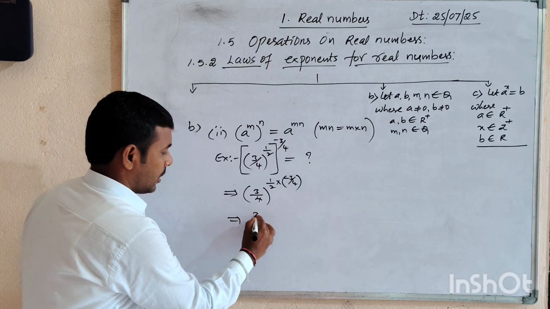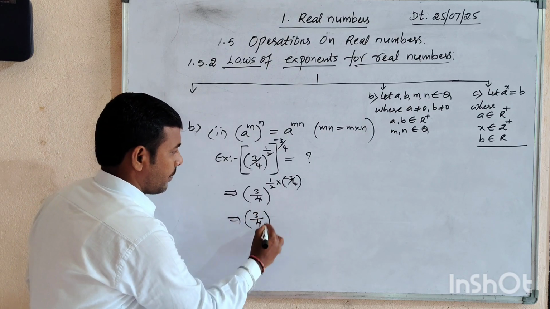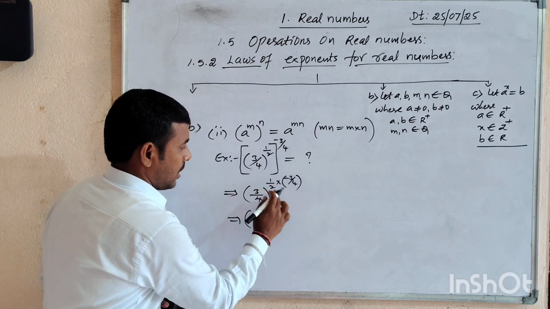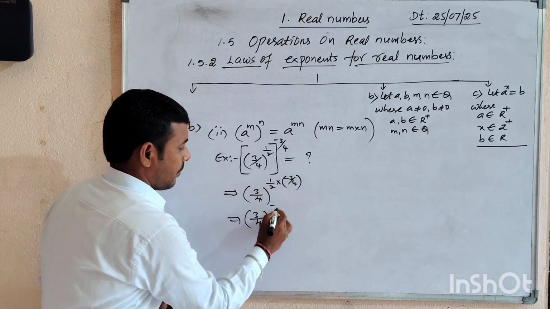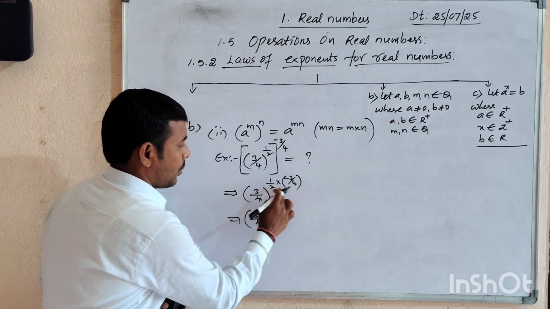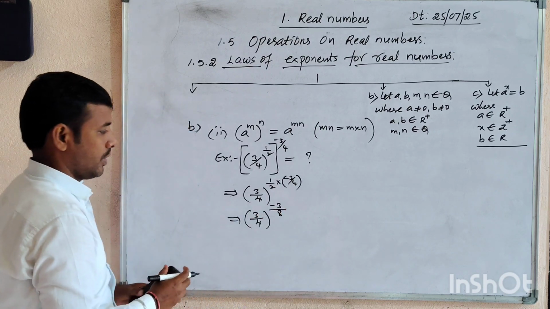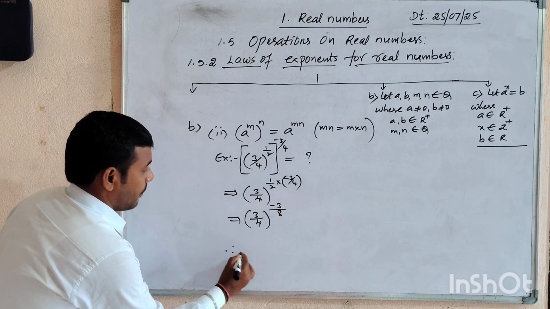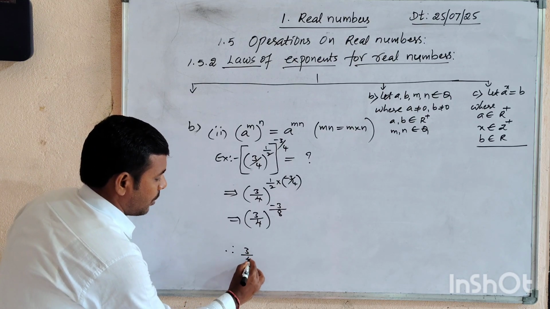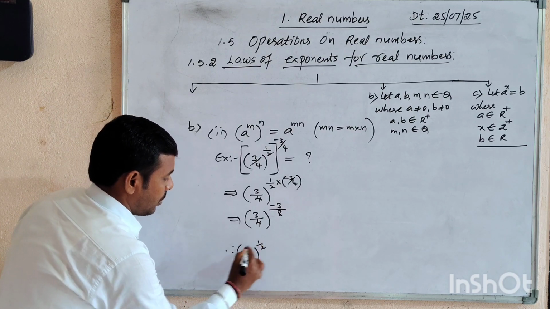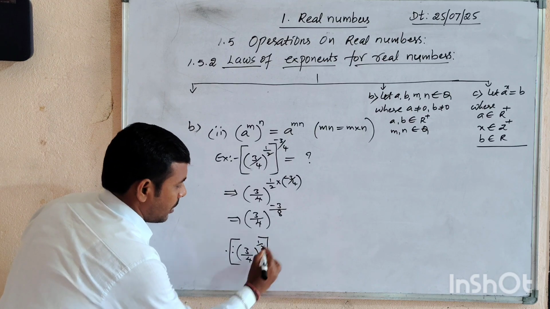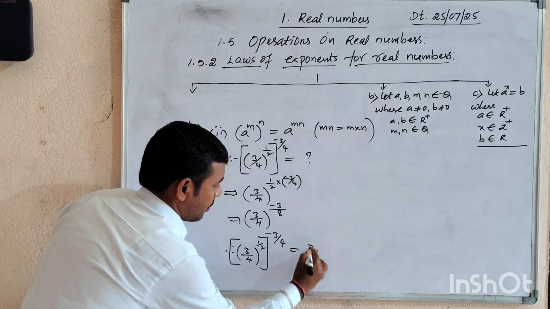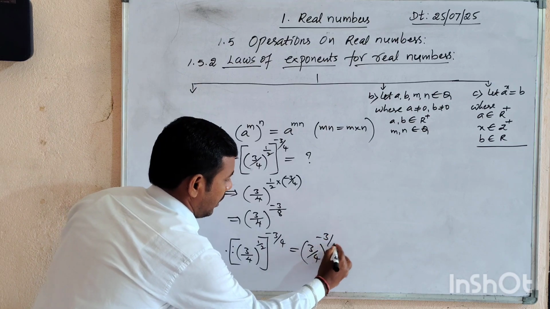Let us see. 3/4 to the power of: minus 3 ones are, or else 1 threes are 3; 2 fours are 8. Completed. What is the answer? ((3/4)^(1/2))^(-3/4). The answer is (3/4)^(-3/8).